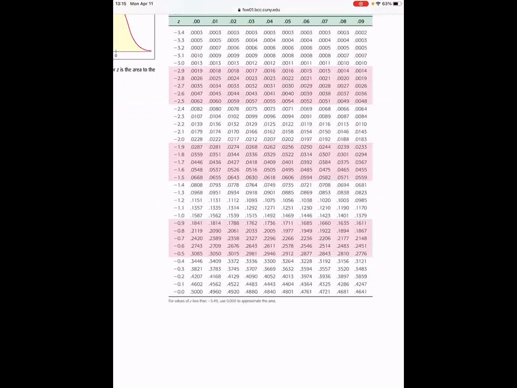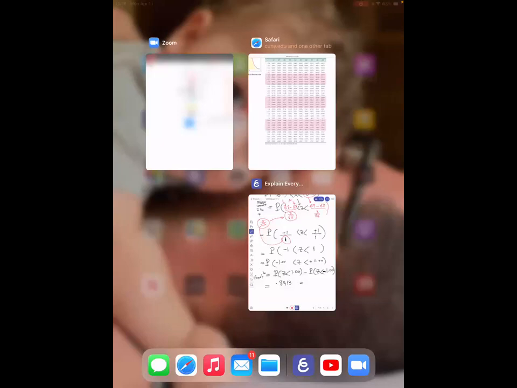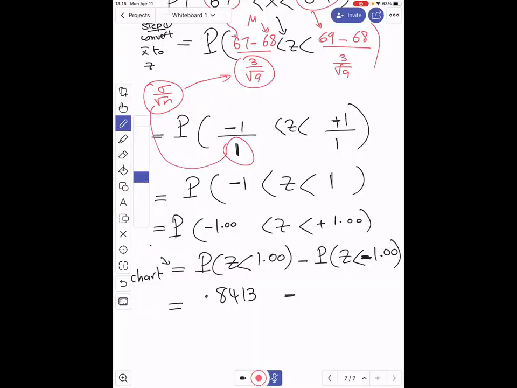Next to negative 1.0, there's 0.1587, and that's exactly what we want because the nearest hundredth is just 0, so 0.1587. And the difference is exactly the answer, which is 0.6826. In other words, that's about 68%.